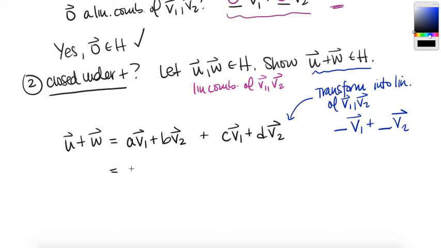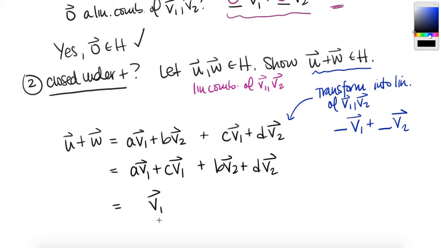Let's rearrange this and put the v1 parts together, and then the v2 parts together. The goal is to get a v1 term and a v2 term, so we need to figure out what goes here and what goes here.